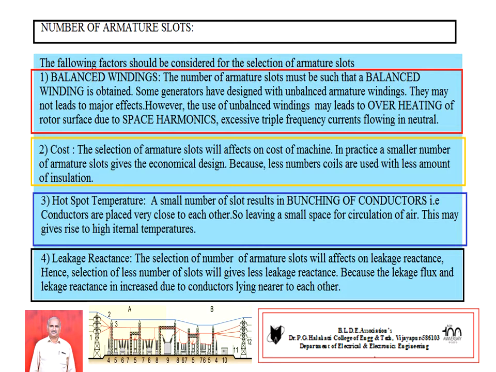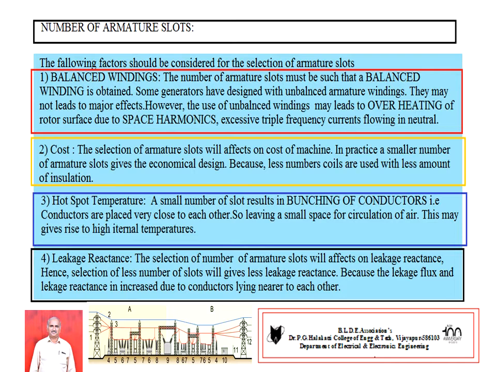So you have to concentrate. If the winding is not balanced, then we have to struggle with heating effect. Directly, heating effect will affect the quality or life of insulation.